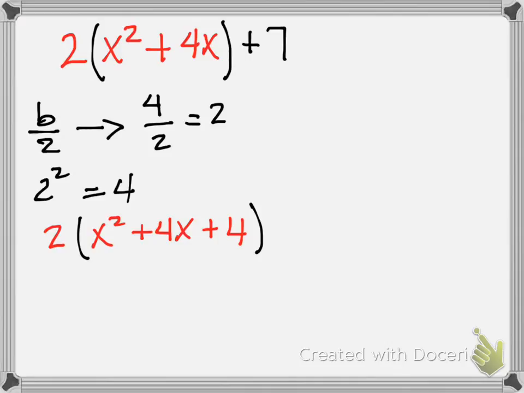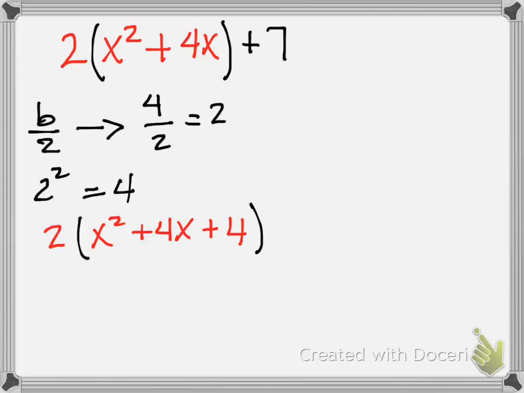That 2 is going to multiply the 4, and that will make it 8, which means I just added 8 to the function that was given to me. So to keep the function the same, if I add 8, I also have to take out 8.